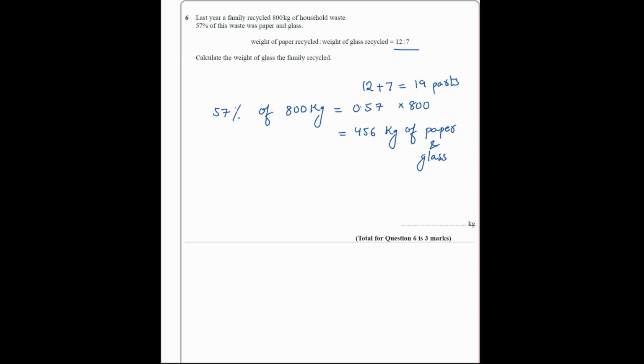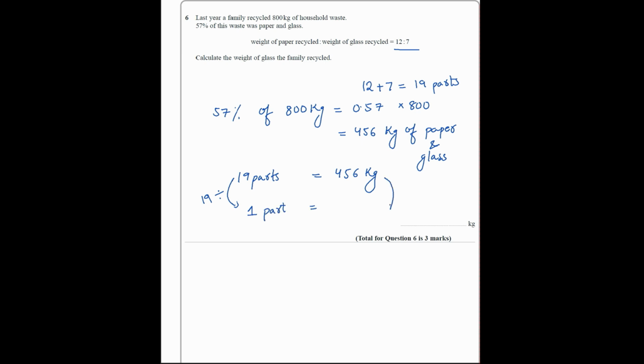Now we know that in total we have 19 parts, because in the ratio it is 12 is to 7, and 12 plus 7 equals 19. So 19 parts equals 456 kg. If we want to calculate for one part, we have to divide by 19 on both sides. 19 divided by 19 is 1.